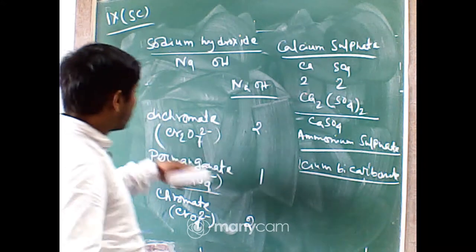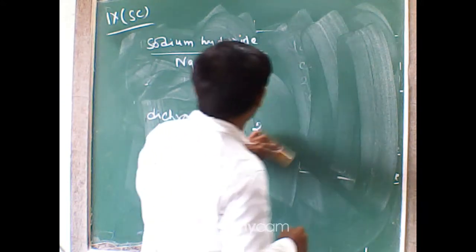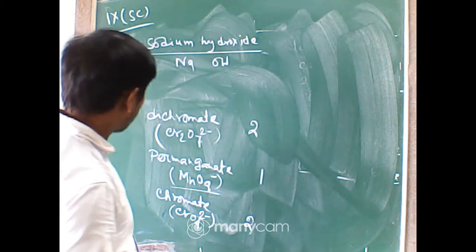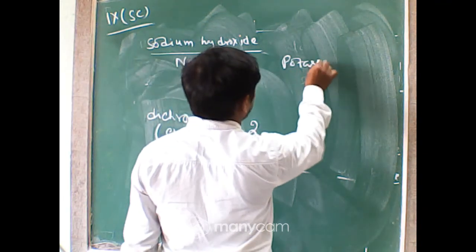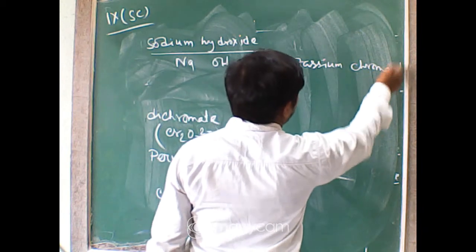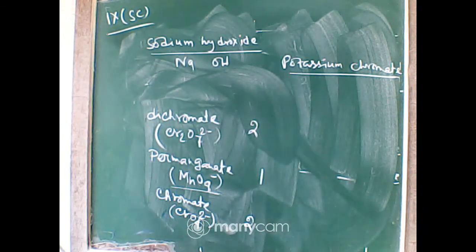Okay, so with respect to these, the lastly added cation, I will name some, suppose potassium chromate. Potassium chromate. I am waiting for your answer. Potassium chromate.